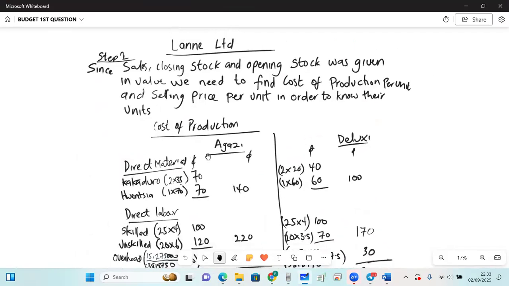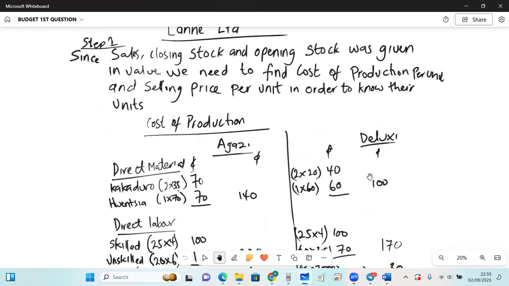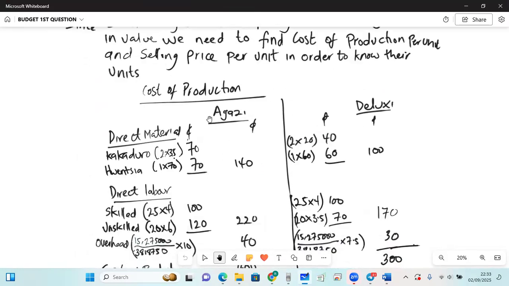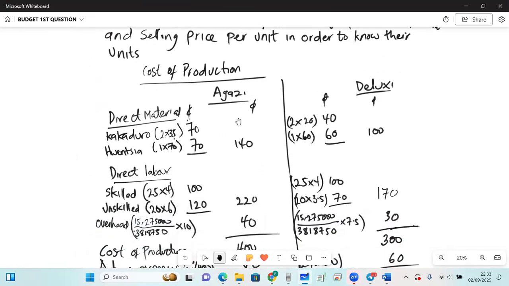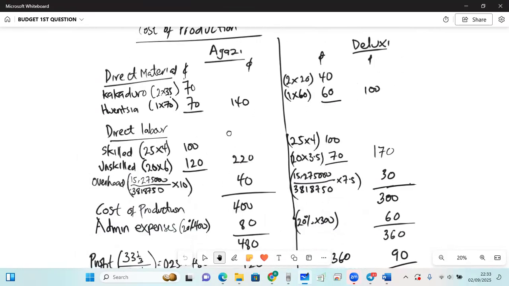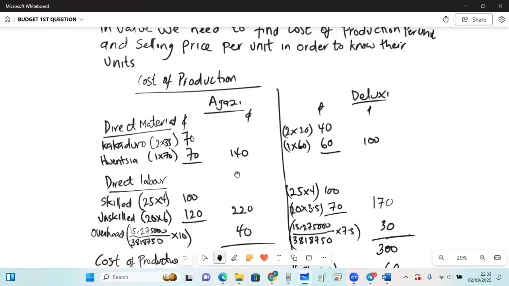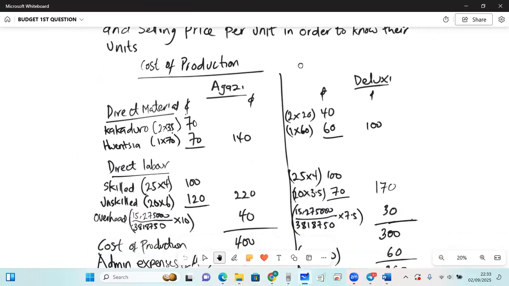Now, for us to find the cost of production, we have the normal cost of production that we know: the direct material, the direct labor, and then the production overhead, right? As what we normally do in cost and management accounting. So for the direct material, it was given to us that it costs 2 cedis per kilogram for kakadro, right?